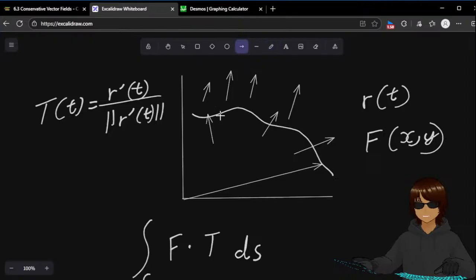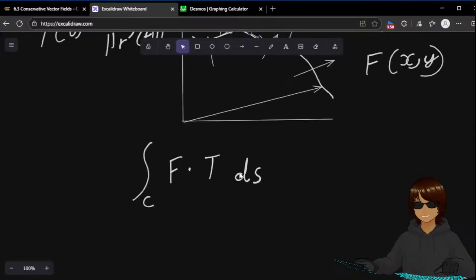So the vector field at this point, let's say it's over here, times the tangent. Then the vector field at this point, let's say it's facing this direction, times the tangent. This product for infinitely many points. So ds is infinitely small.